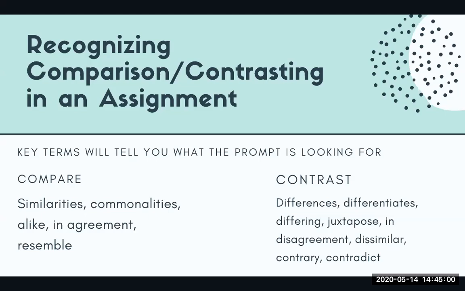Again, this list isn't all-encompassing. However, these are some of the words that will indicate that your professor wants you to look at the different qualities between two items in your essay. So you want to make sure that you address that. Otherwise, you might be missing out on some important details that your professor wanted you to talk about.